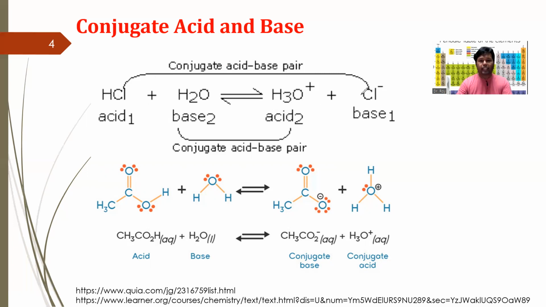So for any neutralization reaction, we will have at least two conjugate acid base pairs. Here you can see the acid HCl and Cl minus. This Cl minus is formed by donating one proton. So this is our acid and this is our base.